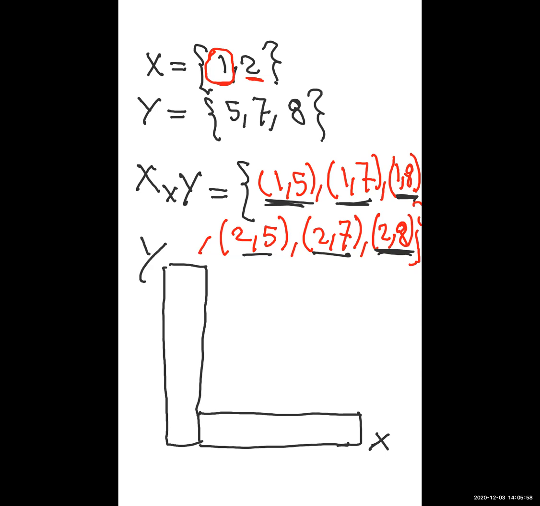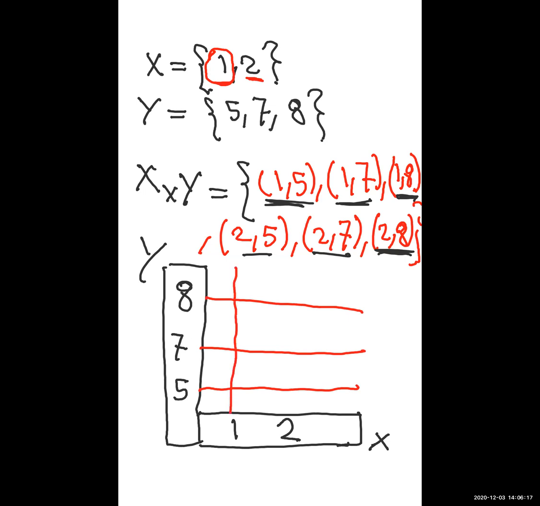We are going to place the elements for each one. So x contains 1 and 2, and y contains 5 and 7 and 8. Then draw the perpendicular net, which is horizontal lines from y and vertical lines from x.